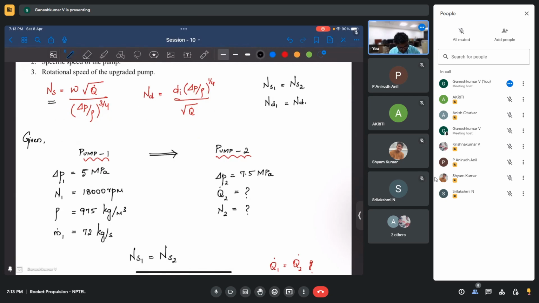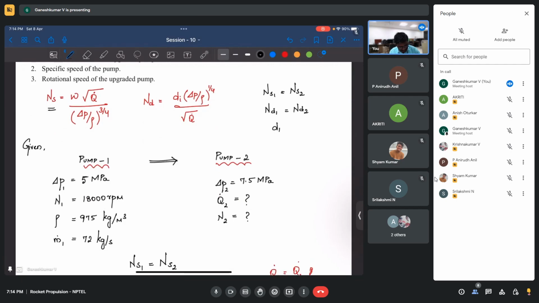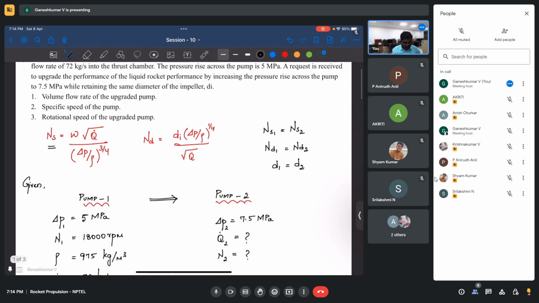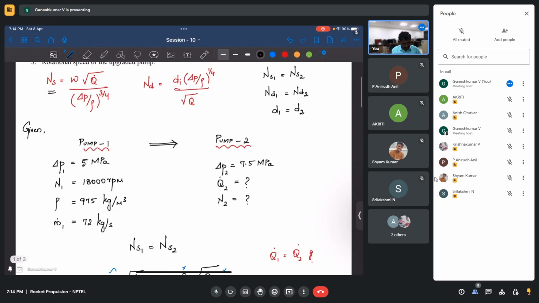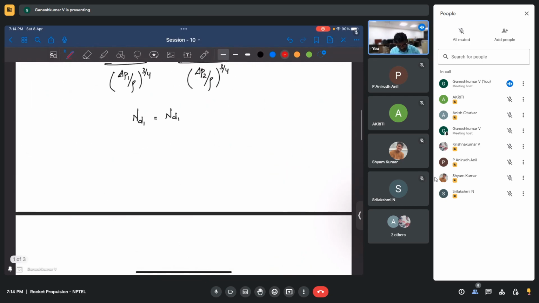Okay, that is true. But in addition, we said D1 is equal to D2. We are not changing the impeller diameter. So you should use these two relations in order to find the flow rate. That would be clear if you just substitute it here. What is ND1?